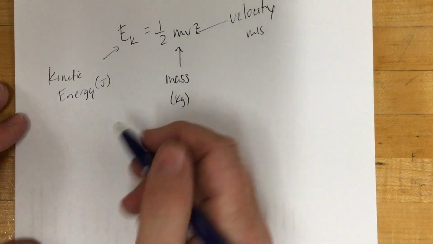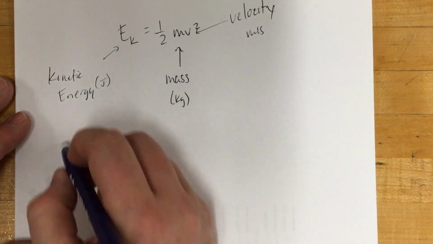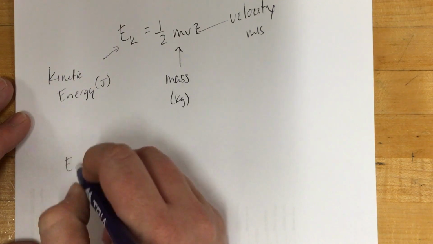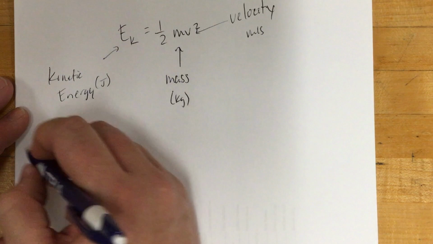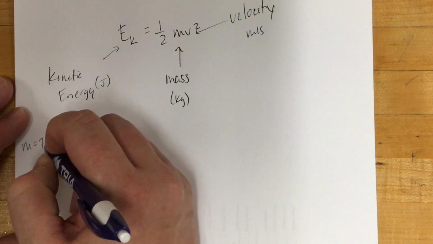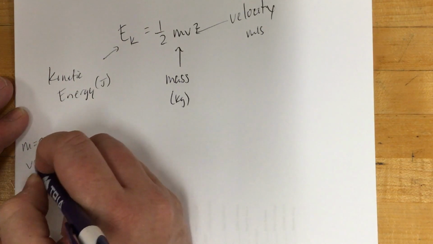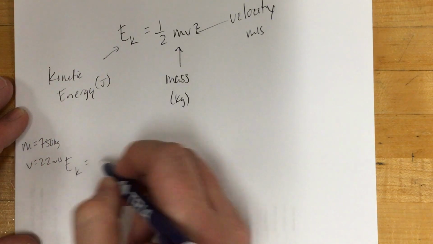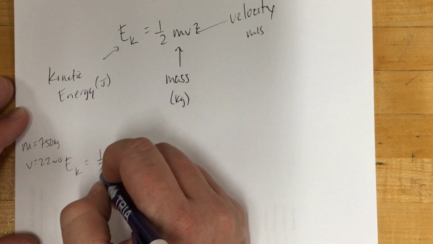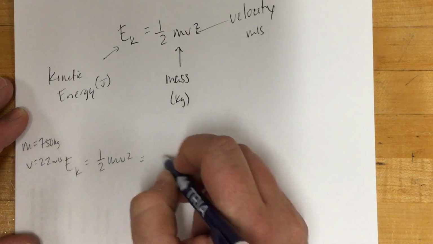If you had a situation where you needed to solve for kinetic energy, let's say we have a mass of 750 kilograms, a velocity of 22 meters per second, and we're looking for our kinetic energy. You'd say kinetic energy is 1/2 mv squared.